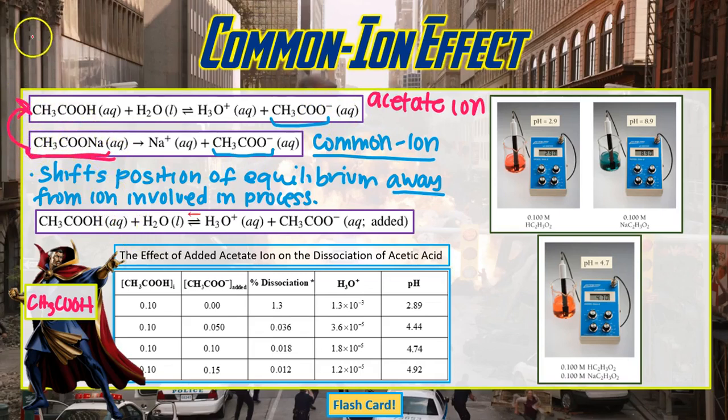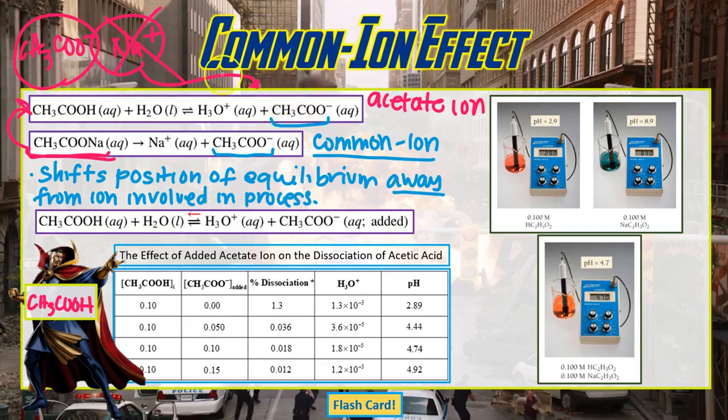Since it's soluble, it's going to dissociate into the acetate ion and Na+. Now this acetate ion and this Na+ have the ability to contribute to my overall reaction, okay? Looking at the actual ions that are able to contribute, we know that sodium is going to be a spectator, but that CH3COO- is a conjugate base.